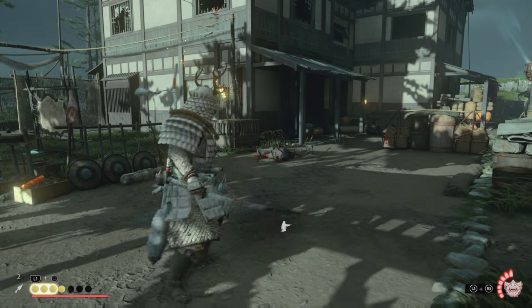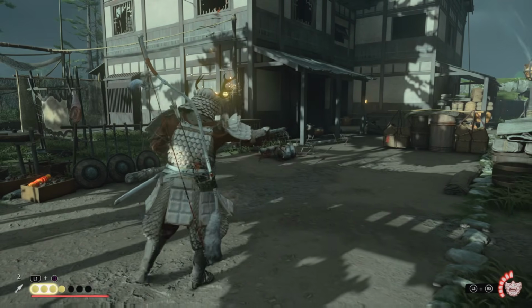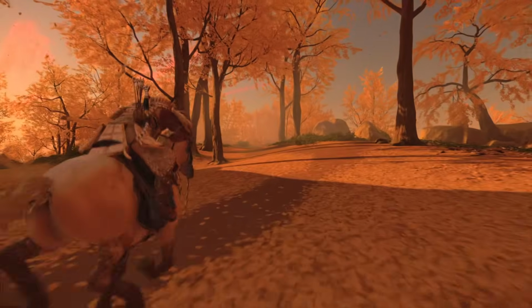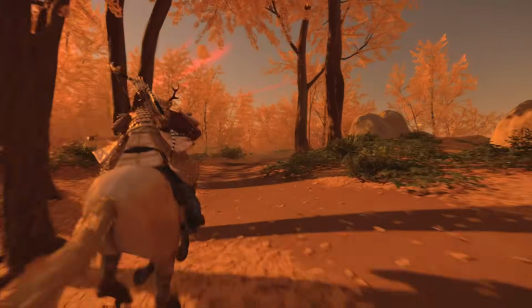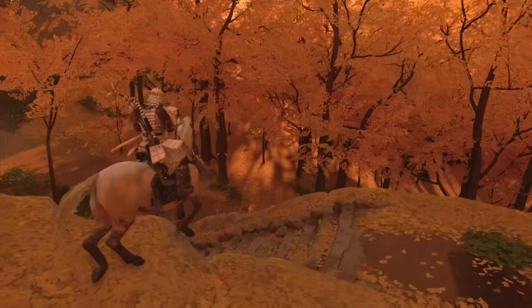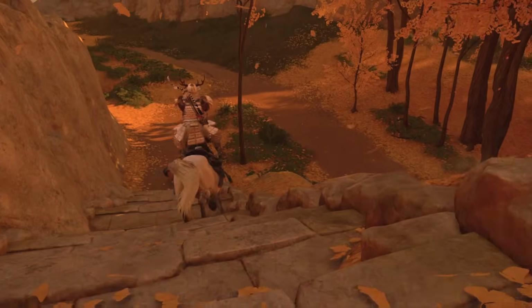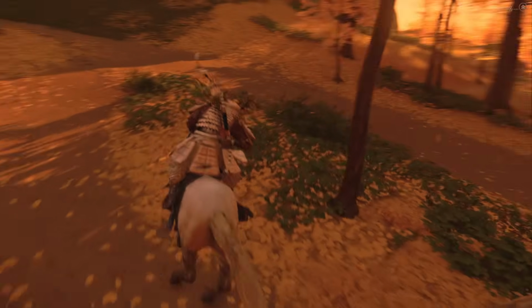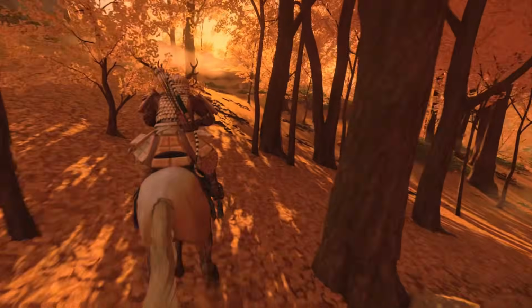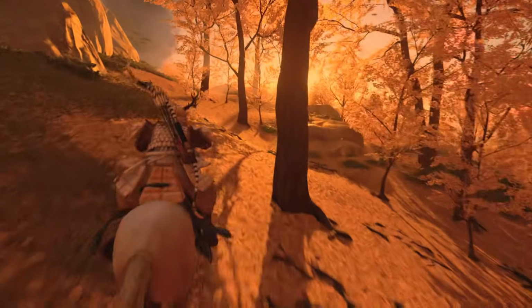The Metro series, quite well known. If you haven't tried it, you should. And also the Dead Space series I have mentioned before. And also God of War and Red Dead Redemption, they both have HUDs, but you can really customize them and turn them off, basically, which makes the experience all that more enjoyable, in my opinion.